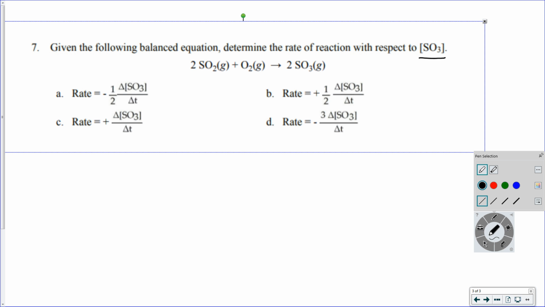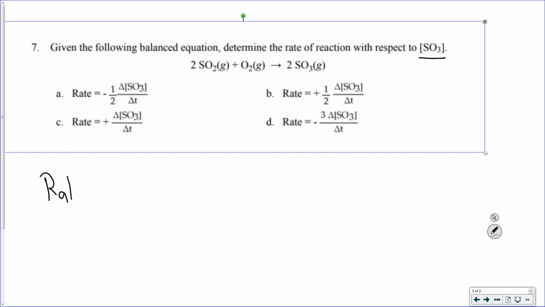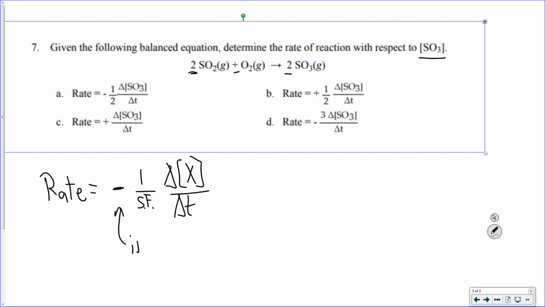So the way that we wrote the rate expressions is that rate is equal to, and then if it were a reactant, we put a negative sign in front of it, 1 over whatever, I'm going to put SF, stoichiometric factor. So that's whatever the stoichiometry is in front. The change of the concentration of that species divided by the change in time. Now this is if reactant.